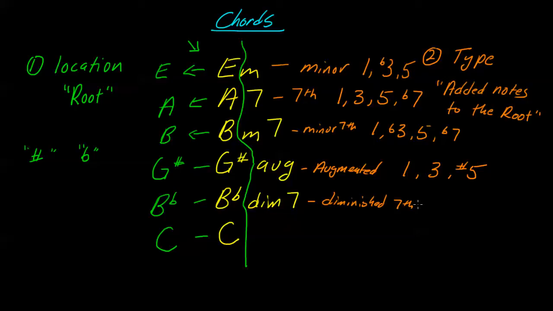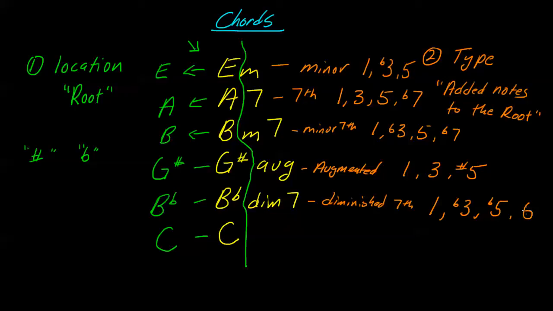All diminished 7th chords include the notes 1, flat 3, flat 5, and okay, this might be a little tricky, but the 6.